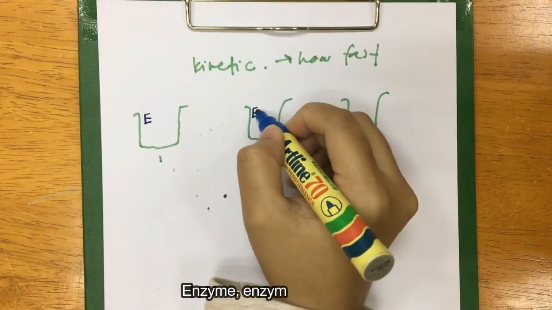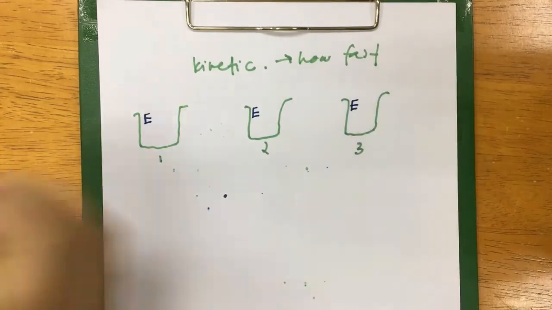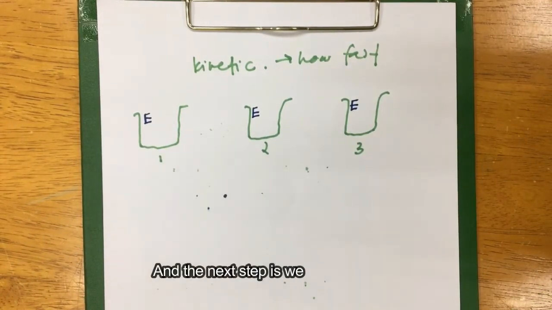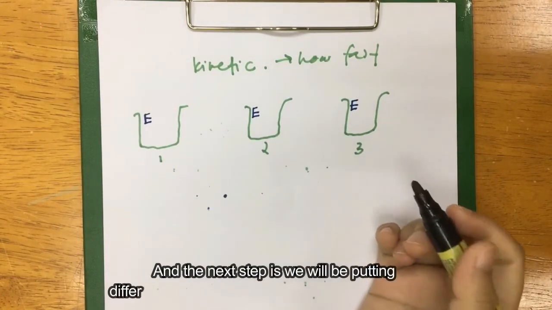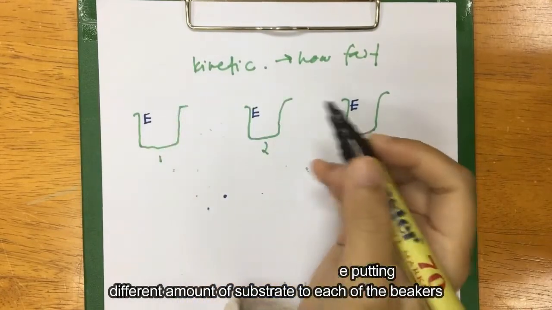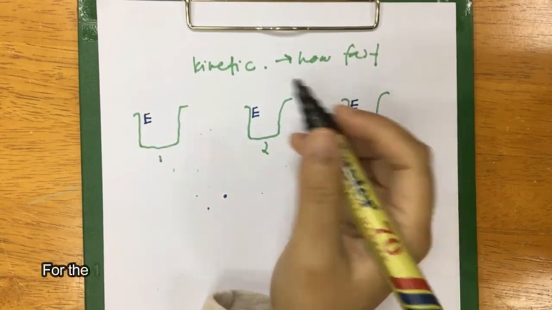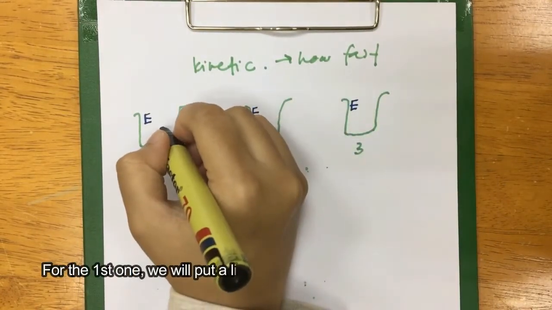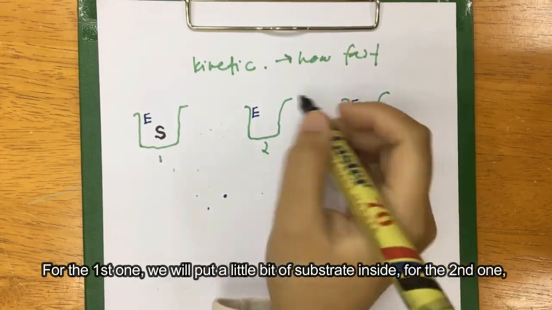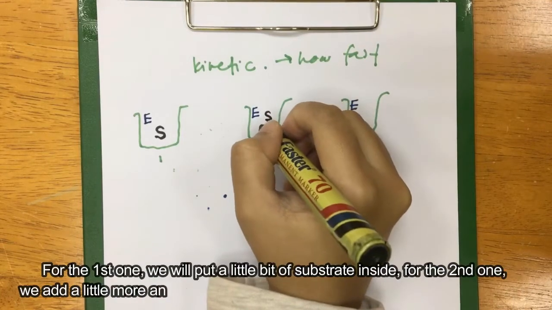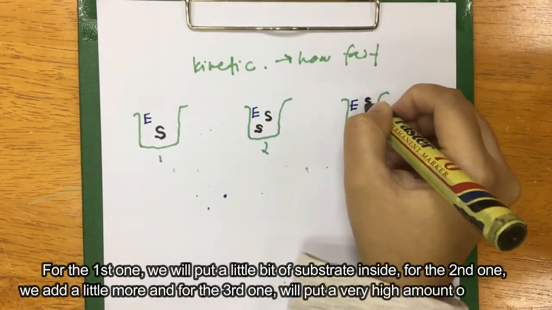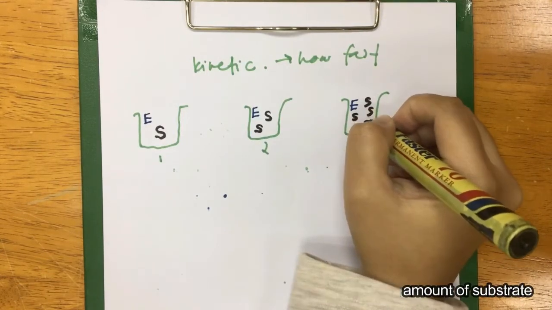Enzyme, enzyme, enzyme. And the next step is we will be putting a different amount of substrate in each of the beakers. For the first one, we will put a little bit of substrate inside. For the second one, we add a little bit more, and for the third one, we'll put a very high amount of substrate.